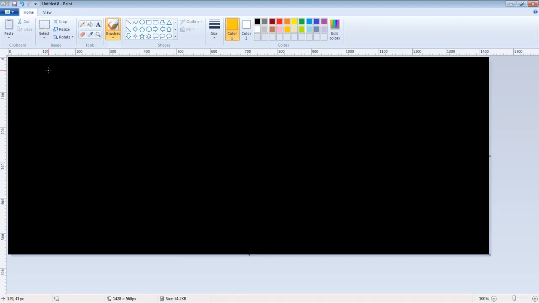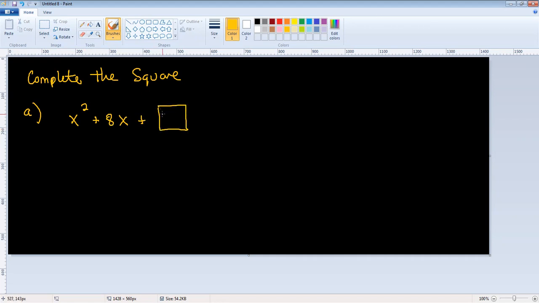Okay, now there's something called complete the square, and everybody loves this one, but also everybody forgets this one. That's the whole point of completing the square. So we have x squared plus 8x plus some magic number.